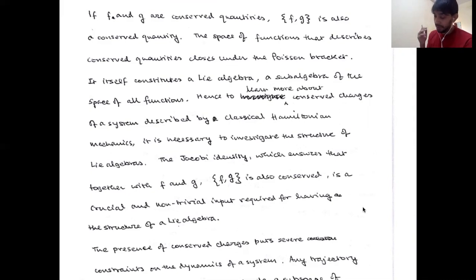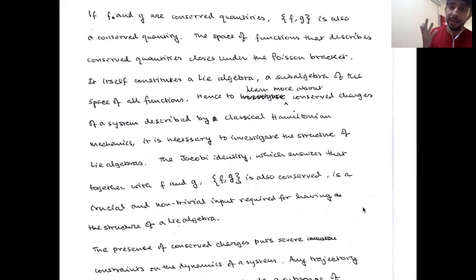As I was trying to stress before, the Jacobi identity plays a very, very crucial role here. It is the one that ensures that if f and g are conserved quantities, the Poisson bracket of f and g is also conserved. It's a crucial and non-trivial input required for having the structure of a Lie algebra.